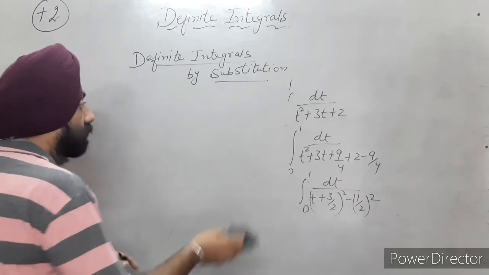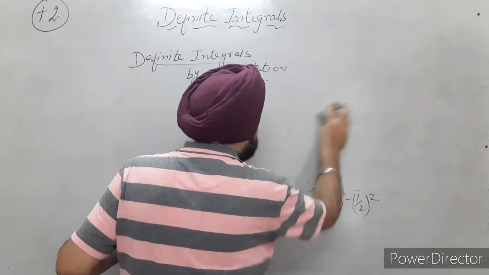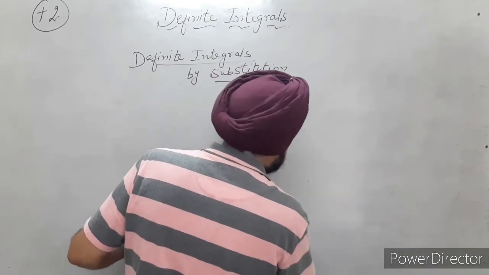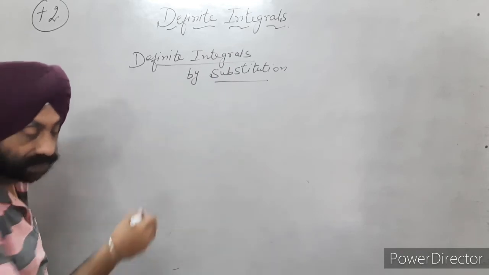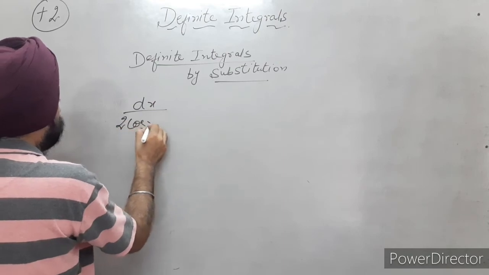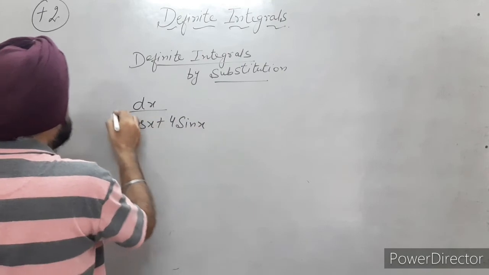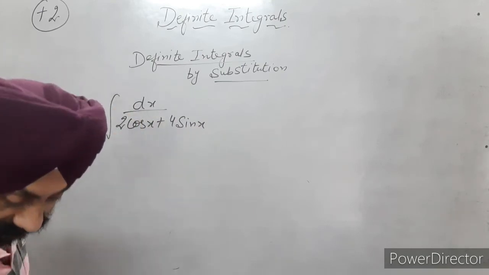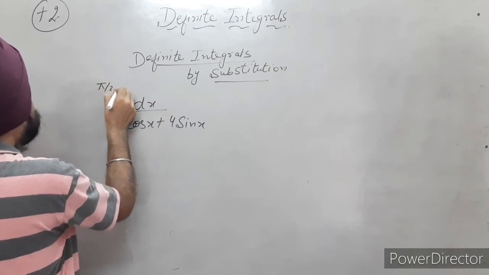We have to substitute first, then do the integration, and at last we have to put in the values. It is dx upon 2 cos x plus 4 sin x. Integral limits are 0 to pi by 2.